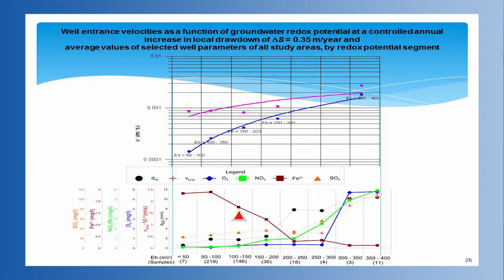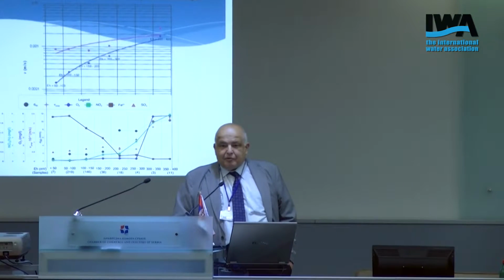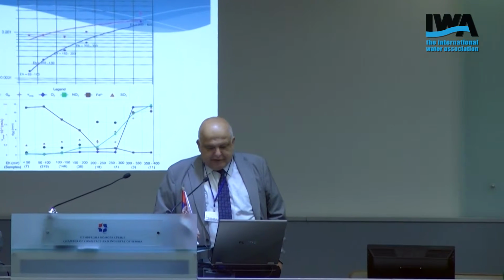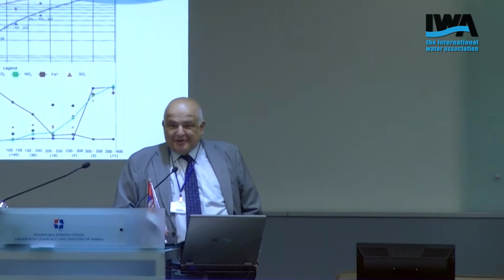Brown is dissolved iron in the water, green is nitrates, and blue is oxygen content. I think it is very clear for everyone. For instance, Florian understands it well, I think.